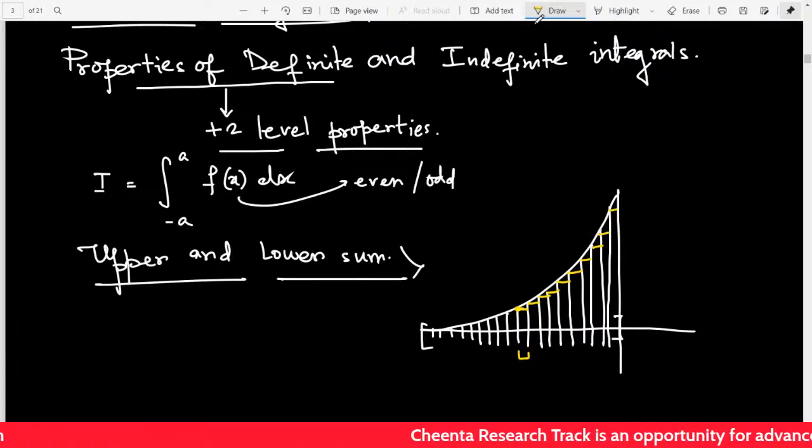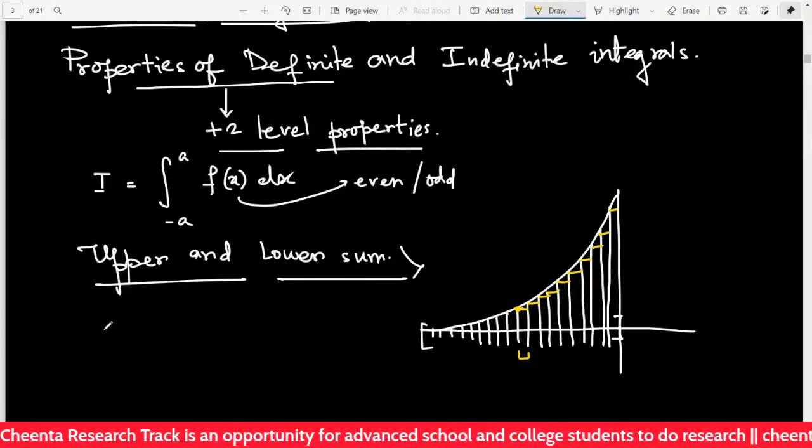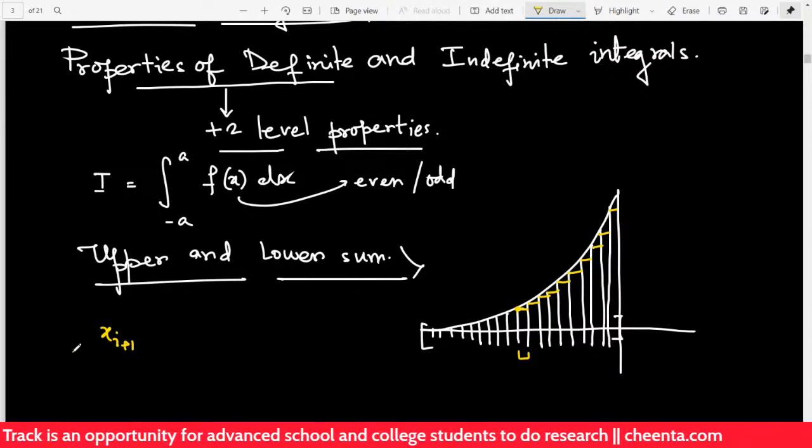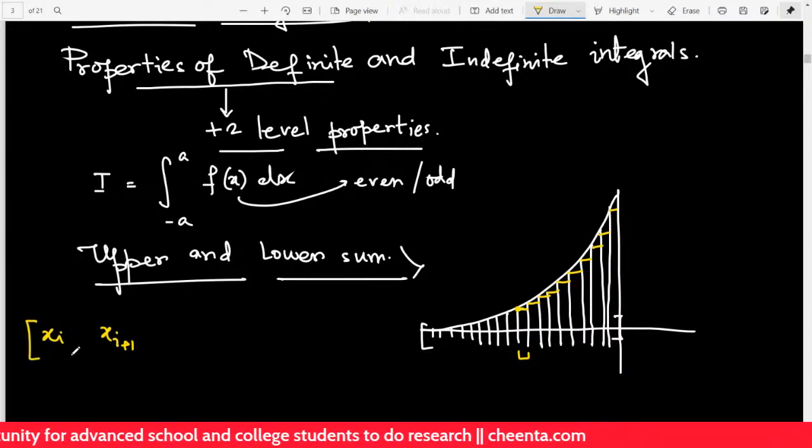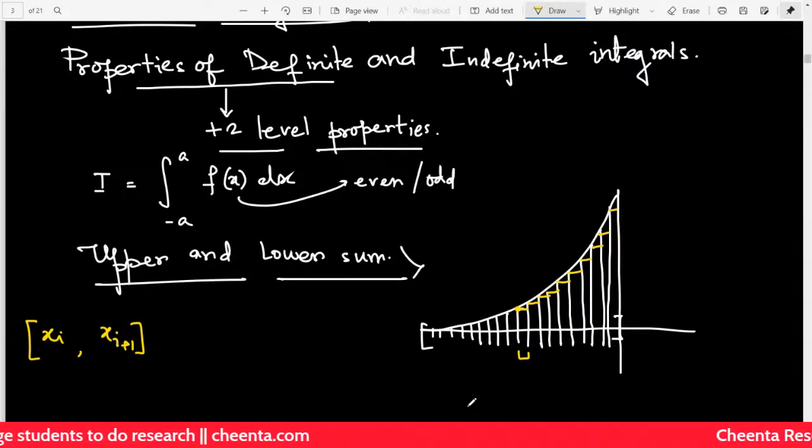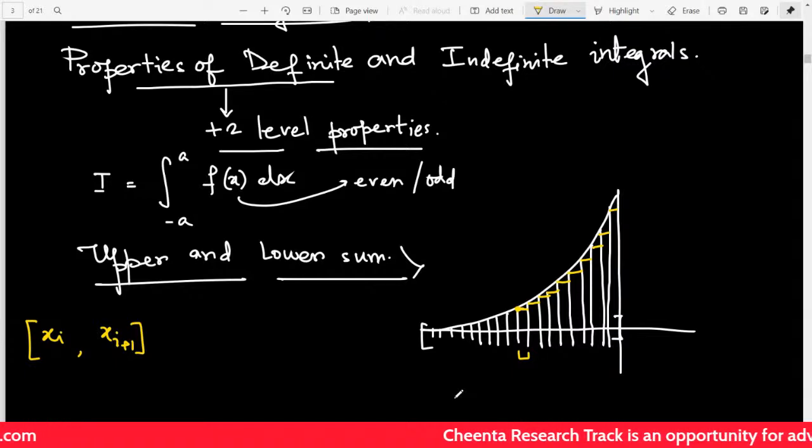So what you are actually doing, let's call these x_i and x_(i+1), these closed intervals. The colors here will dictate what I am actually talking about.